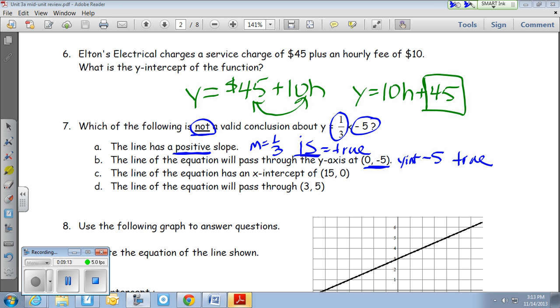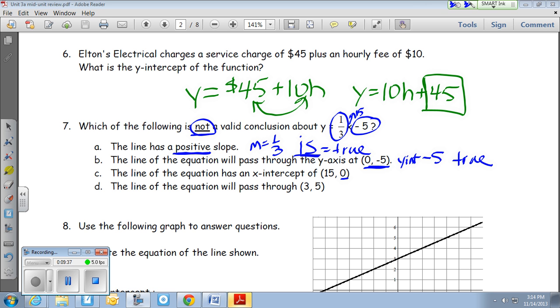Letter C, the line of the equation has an x-intercept of 15, 0. So if I just plugged these numbers in, so 1/3 of 15, plug in 15 for x. 1/3 of 15 is 5. 5 minus 5 is 0, which should be my y value. So that looks true. So that looks to be my x-intercept.